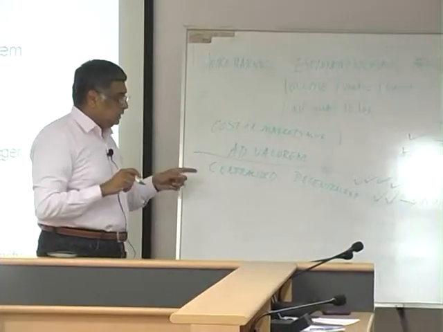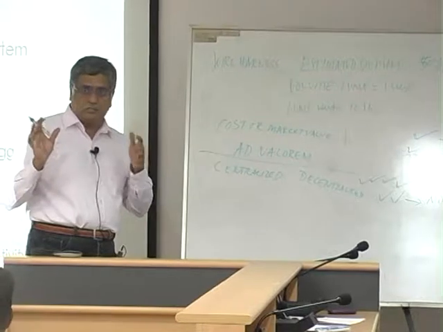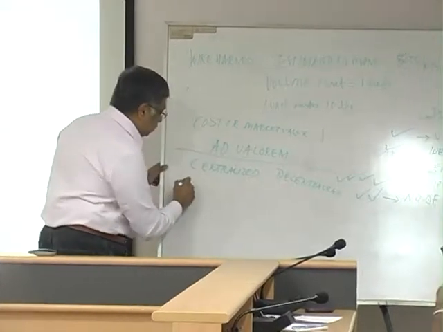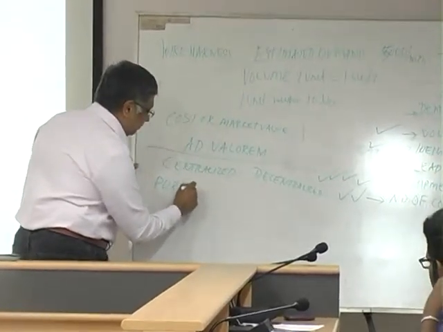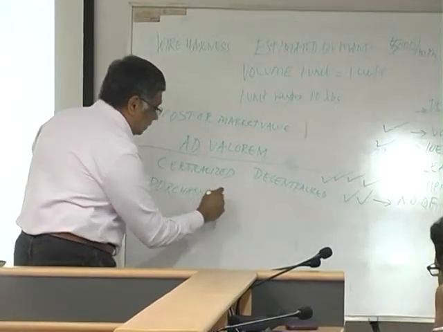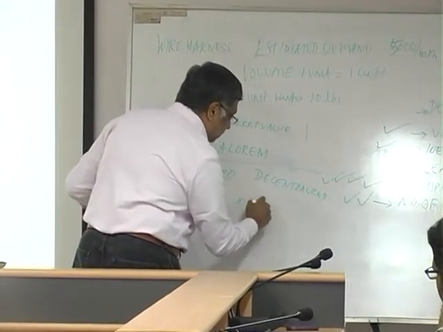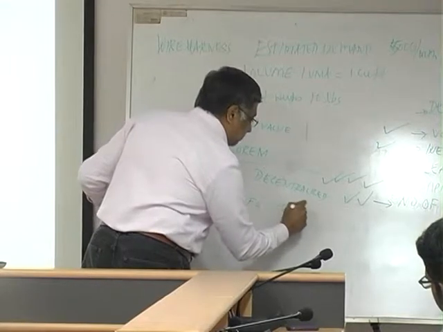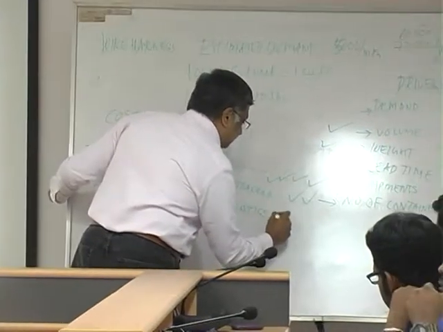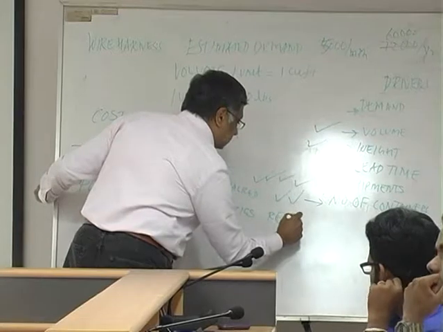Now, these 2 sets of strategies, which we call structural strategies, work across the supply chain: purchasing, even to a certain extent manufacturing, then logistics, and retailing.